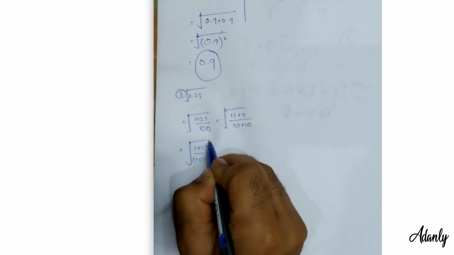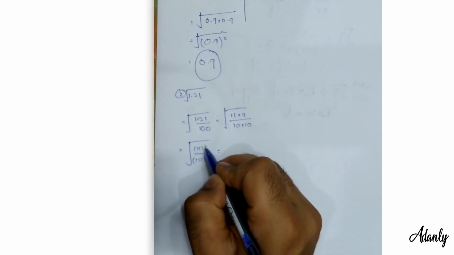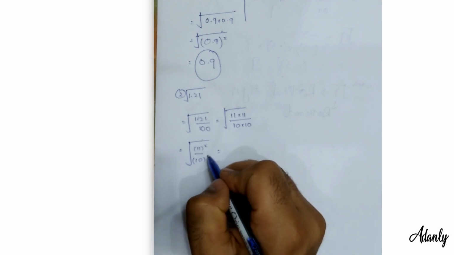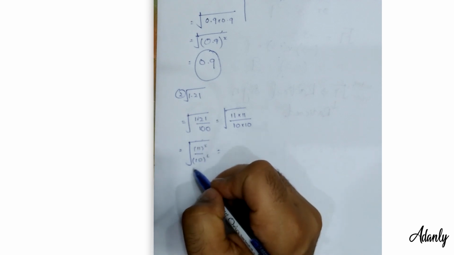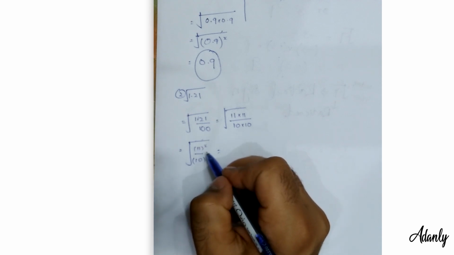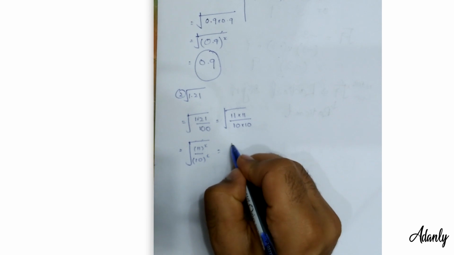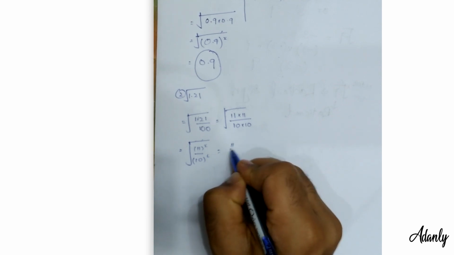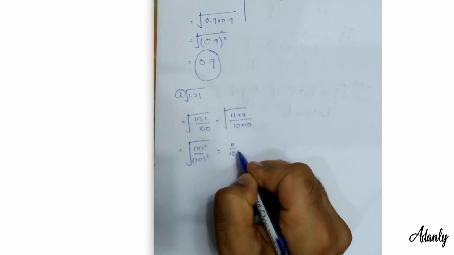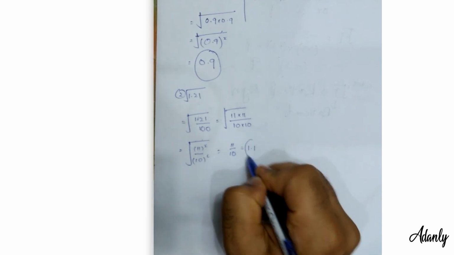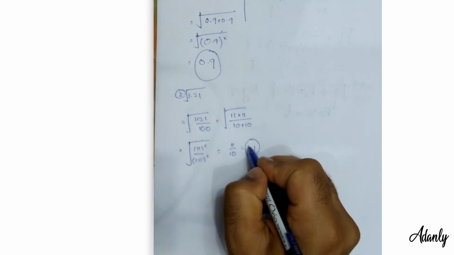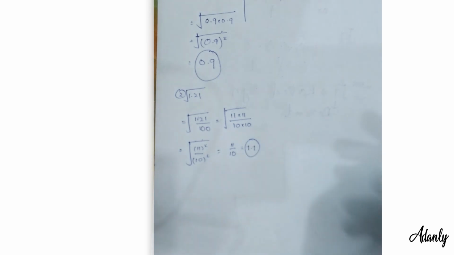We will cancel this square with the radical sign and this square also with the radical sign. Remember that this radical sign or the square root symbol is for both the numerator and the denominator. So we have 11 divided by 10, or we can also have 1.1. So this is the square root of 1.21.